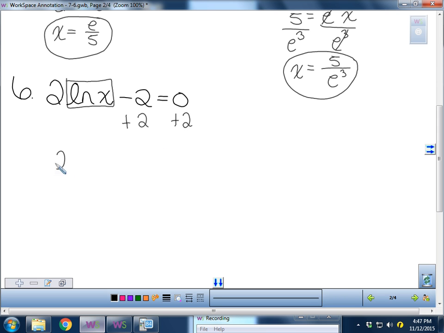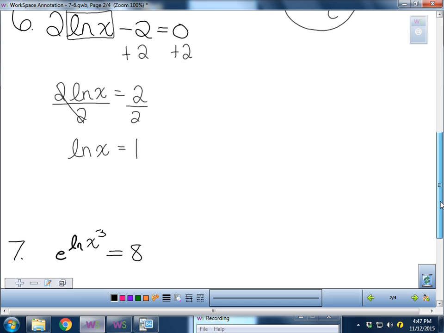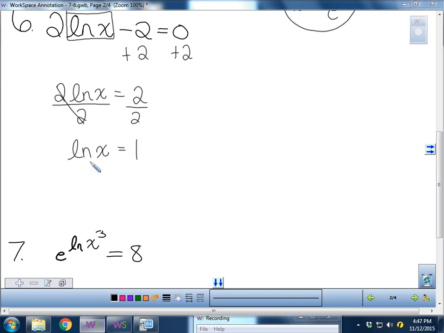So that leaves you with 2 natural log of x equals 0 plus 2, which is 2. And then it's being multiplied by 2, so I would divide by 2. So now I have ln x equals 2 divided by 2, which is 1. Now that my natural log is by itself, I need to e both sides.